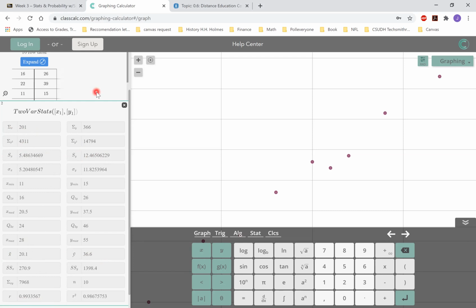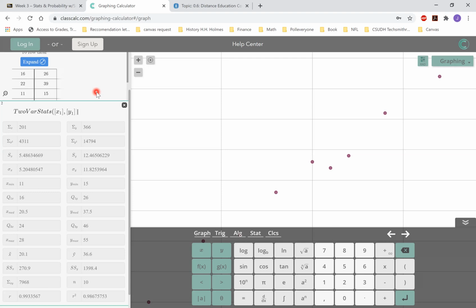I'm going to write that down. R is 0.9934. For the standard deviation of Y, we're going to round off to 1 decimal place. It says 12.46, so we're going to round it off to 12.5. Then the standard deviation of X we're going to round off to 5.5.